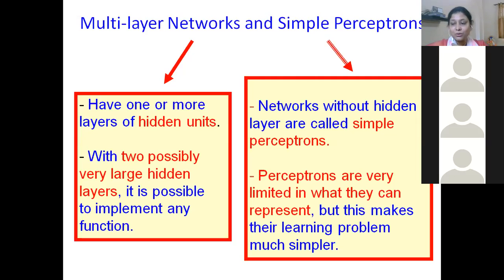They are confined to two-class classification, and also the simple one. Since it is limited to simple problems, its learning problem is also much simpler than what we have in multi-layer networks.